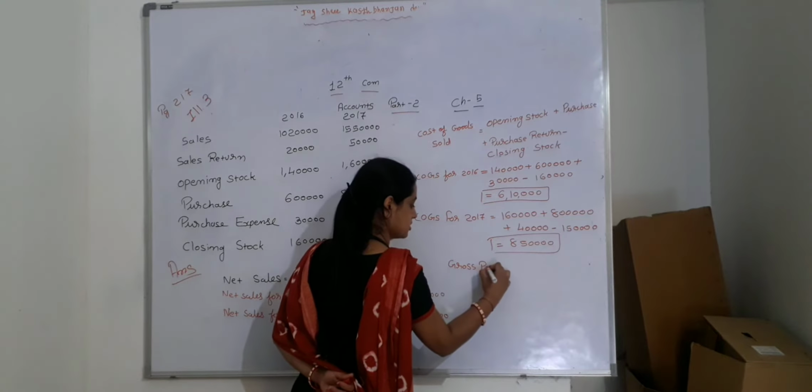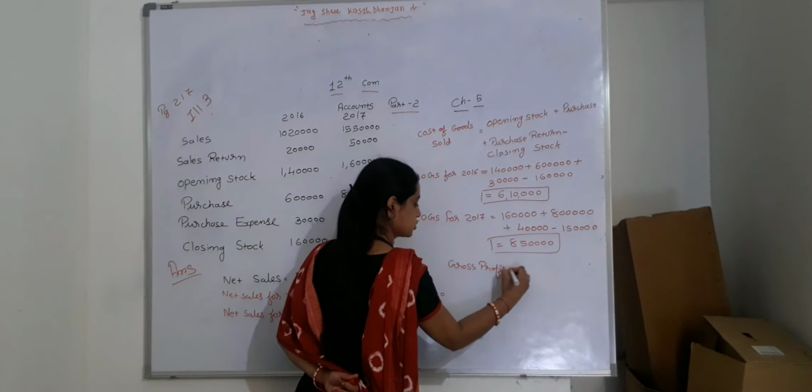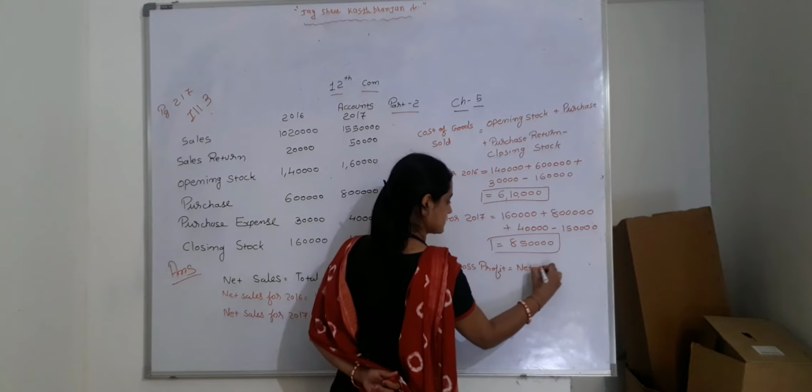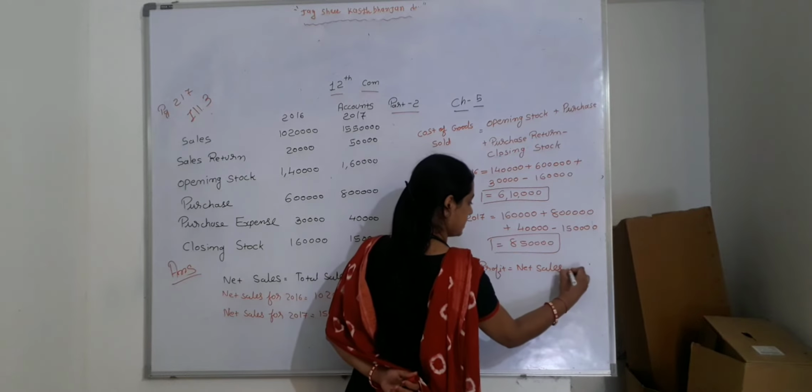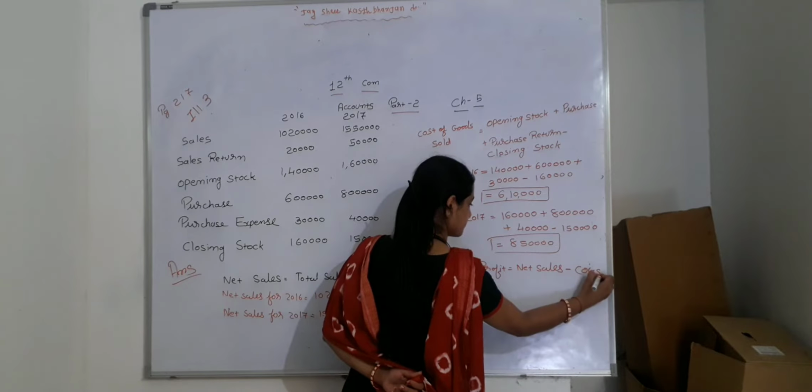Gross profit is equal to net sales minus COGS.